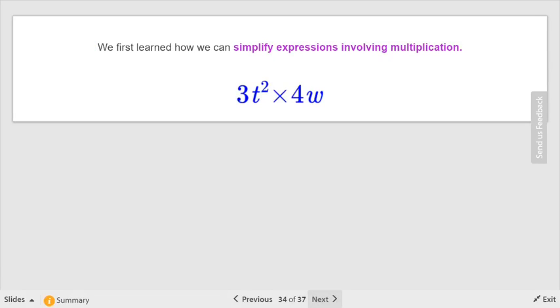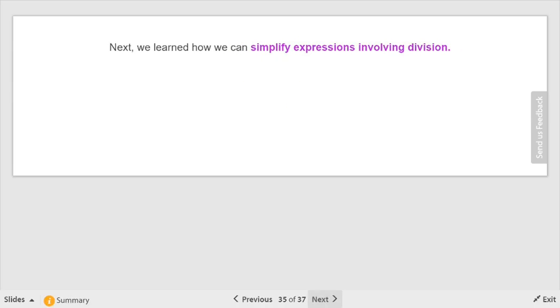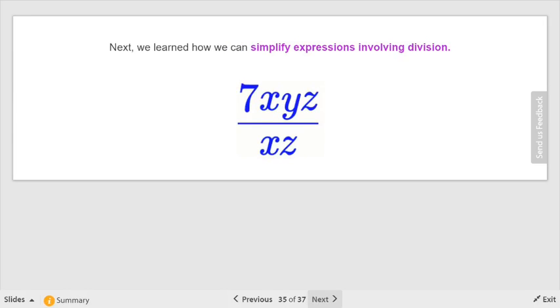Okay, so first we learned how to simplify. Hey, guys, we learned how to simplify expressions involving multiplication. We do the sign, we multiply the constants, and then we can multiply bases that are the same, right? Okay, then we learned how to simplify involving division.